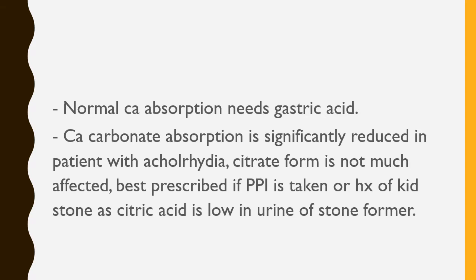So calcium carbonate or calcium citrate: calcium carbonate is best, but in cases of achlorhydria, PPI intake, gastric troubles, gastritis, or gastric ulceration, as well as in case of history of kidney stones, calcium citrate is better used to avoid the complications that may happen from calcium carbonate.